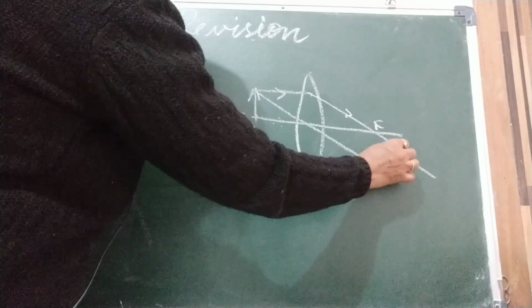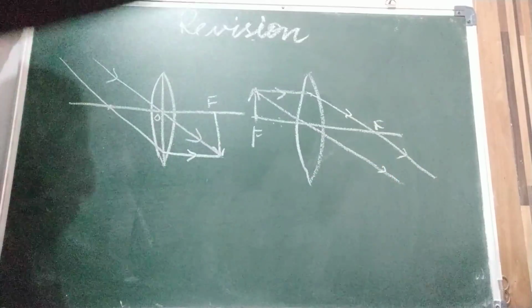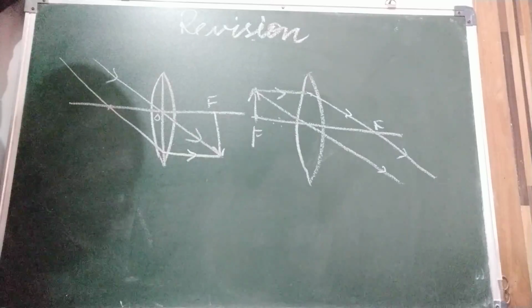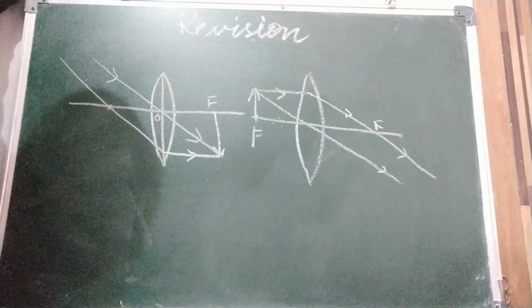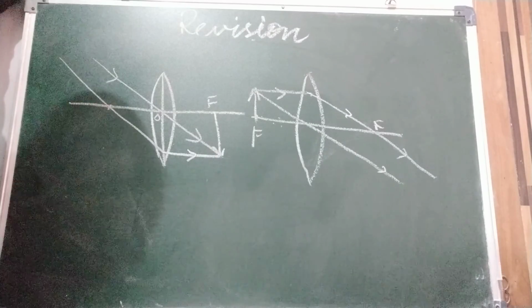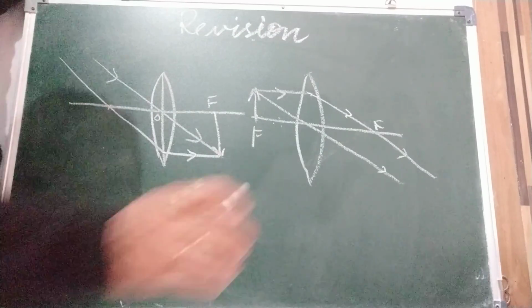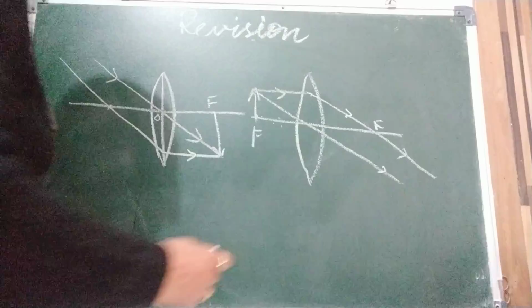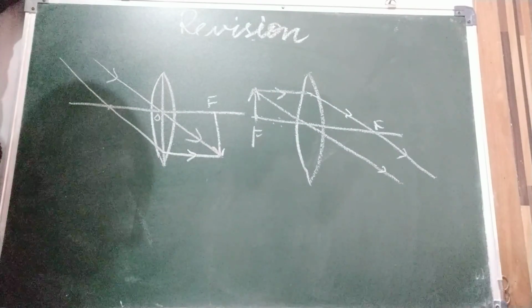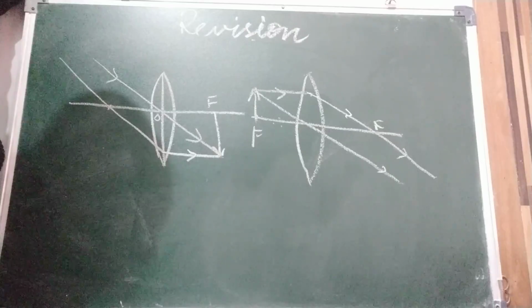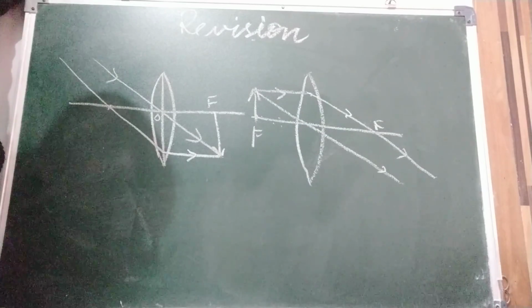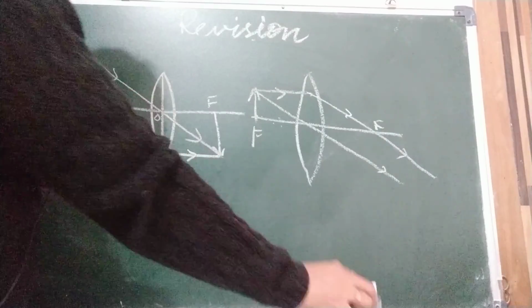And children, these rays are going and they will meet very far away. When the object is at focus, the image will form at infinity, and the image is on this side, which means we can get it on a screen. So it is real, inverted, very magnified, magnified than the object.